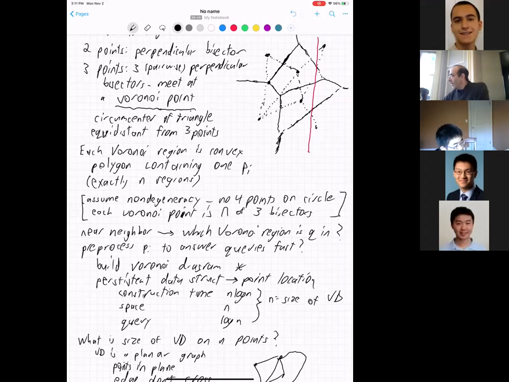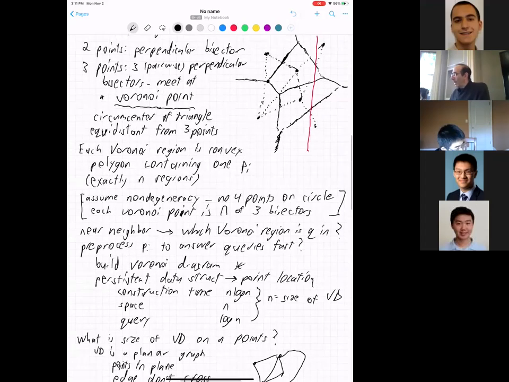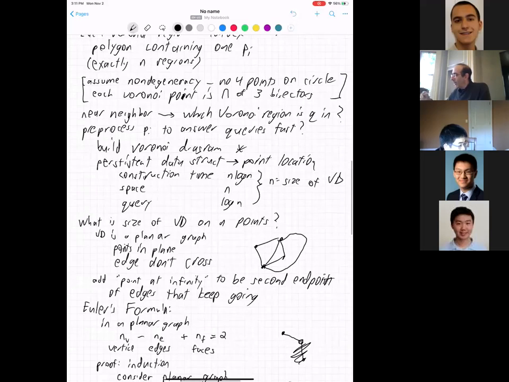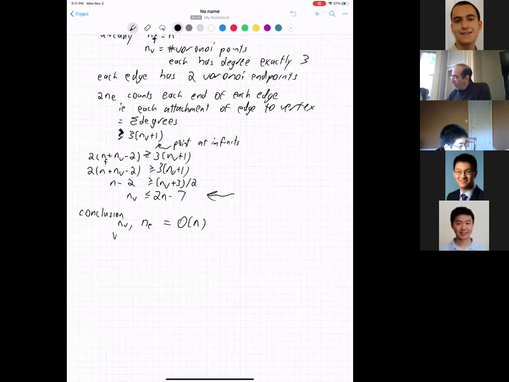And we showed that that could all be done in order n log n time and use only n space. And so that gives us our conclusion here. We know now that the Voronoi diagram has size order n, which means that we can build the point location structure in order n log n time.